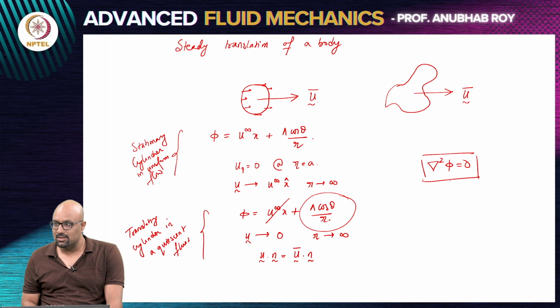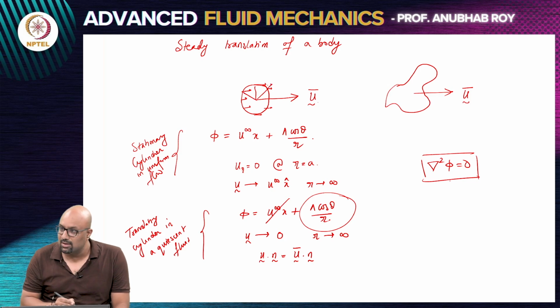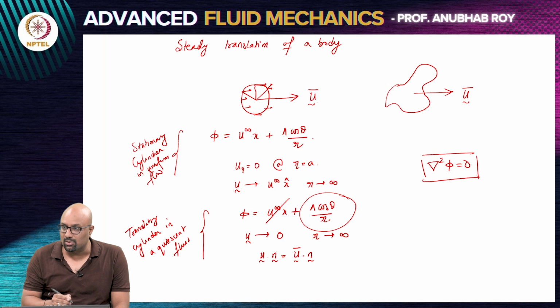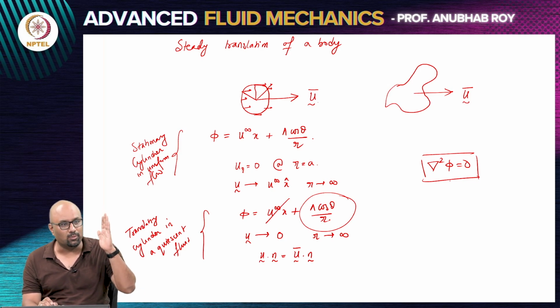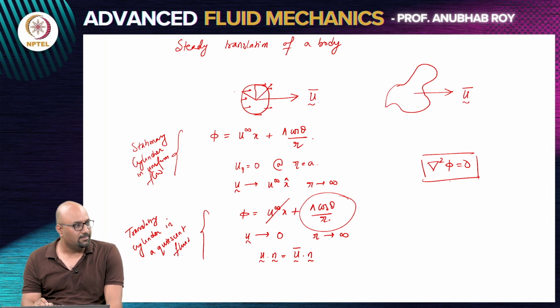Does that make sense? So, you draw n at any point and you can see that here it would be u bar cosine theta. At this particular location it goes to 0, there is no normal component of velocity at the angle theta equals pi by 2, and similarly it would vary across the circumference of the body.